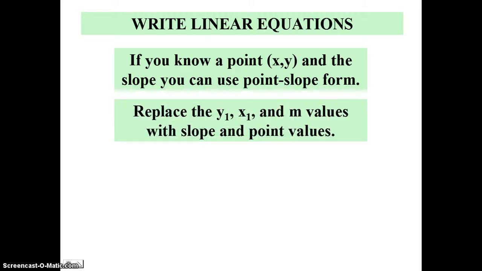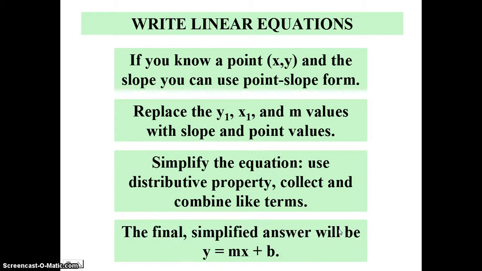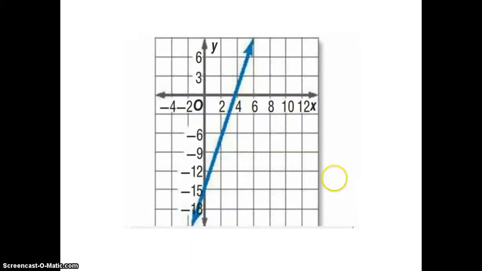You can replace in this very long equation variables y1 and x1 and your slope values with the slope and point values. You'll then simplify that equation using distributive property, combining like terms, and then your final simplified answer will be your slope-intercept form. And you'll be often asked to find or write an equation in slope-intercept form, and that's what you're going to end up with.